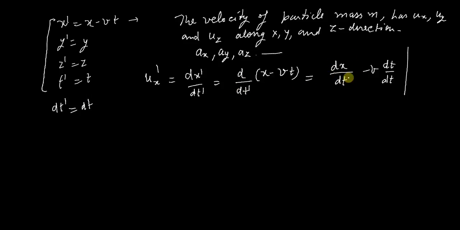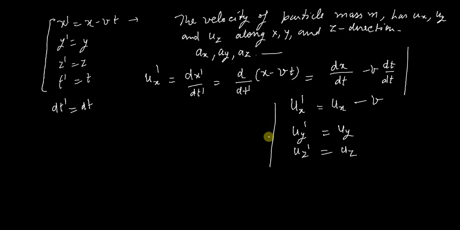So this is dx upon dt minus v, where v is the relative velocity. Don't confuse this v with ux prime, which is the velocity of the particle in the moving frame. This dx upon dt is ux, minus v, so here you are getting ux prime. And similarly uy prime is equal to uy, and uz prime is equal to uz.